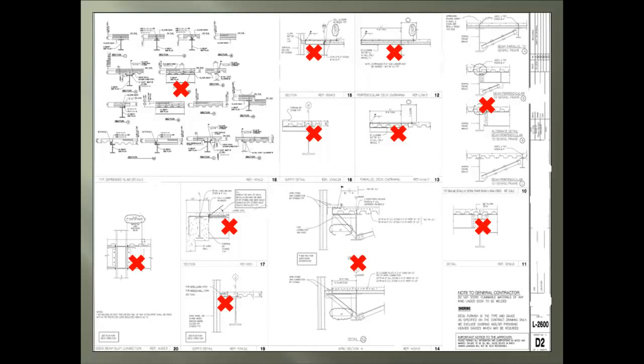The 11th X covers tube steel spacer for slab support. The arrow takes us to notes once again for the general contractor and approver.